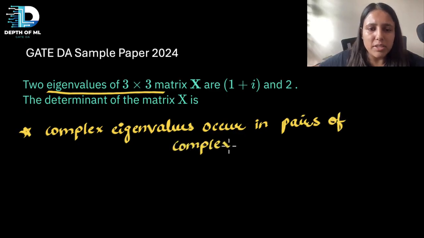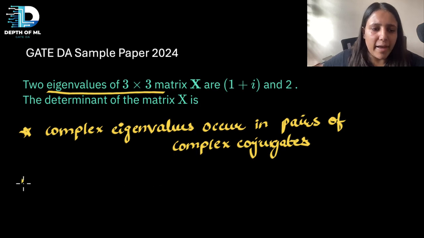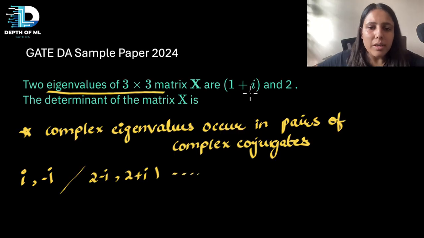What I mean is that if one eigenvalue is i, the other will be minus i. Okay, and if it's 2 minus i, the other will be 2 plus i, and so on. So though they have given us two eigenvalues, we actually know the third one.